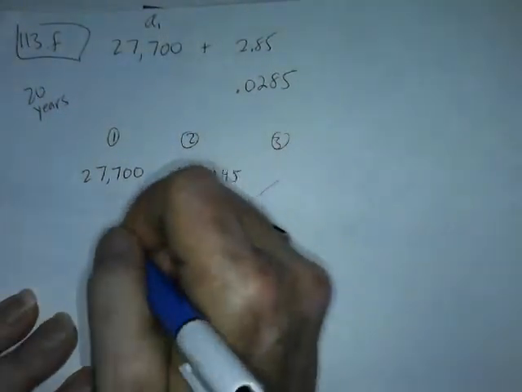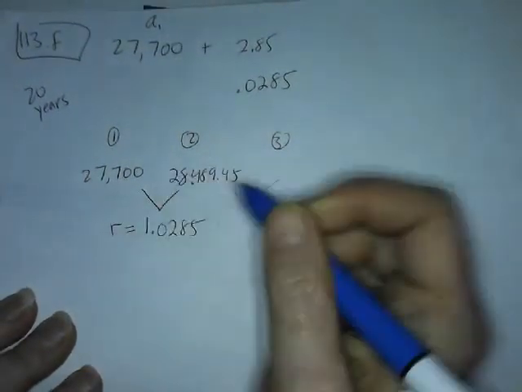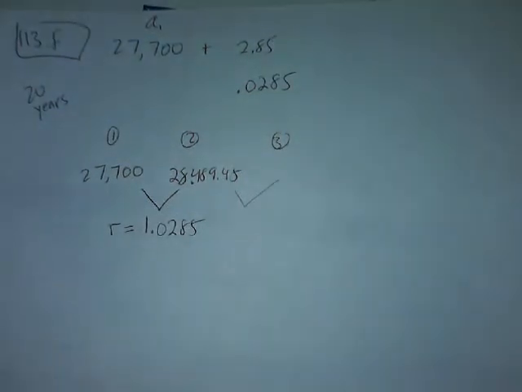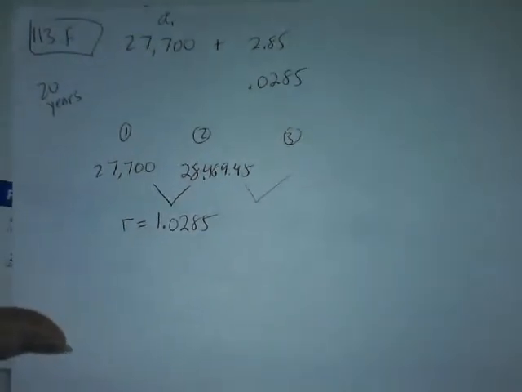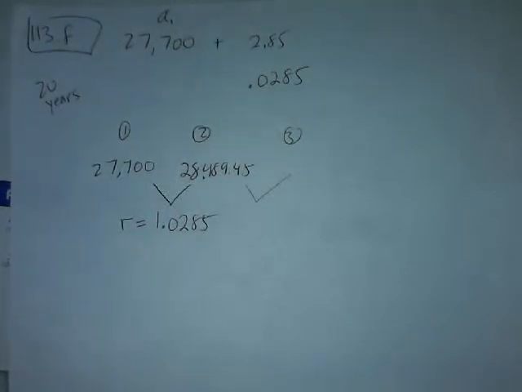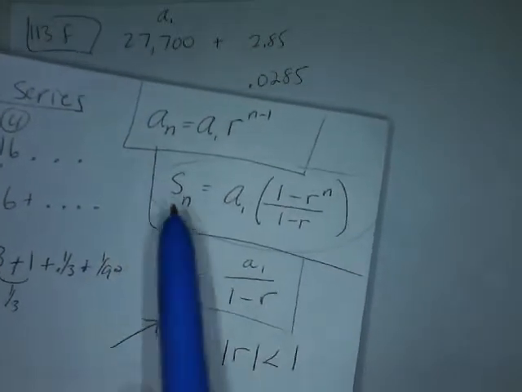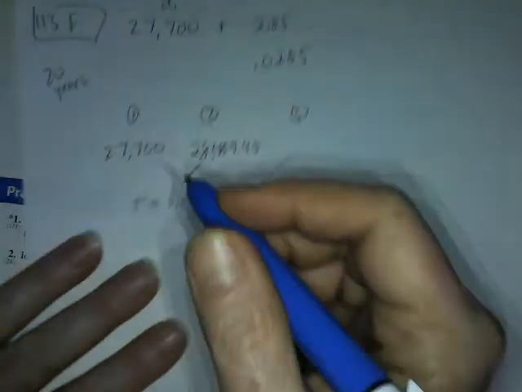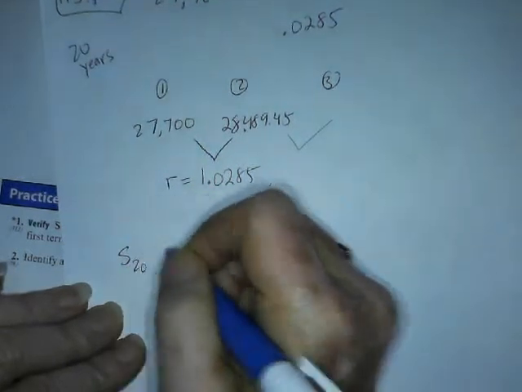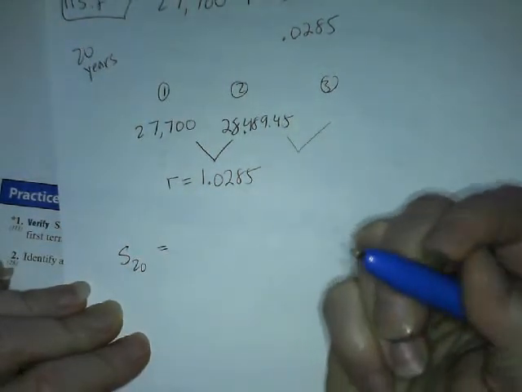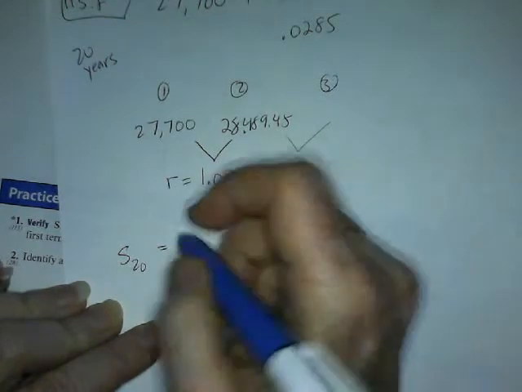So this would actually diverge, but we're not being asked to find the infinite series. We're being asked to find after 20 years. So we have the formula for that right here. So I'm going to say S of 20. S sub 20 equals, oh goodness, what's my first term?